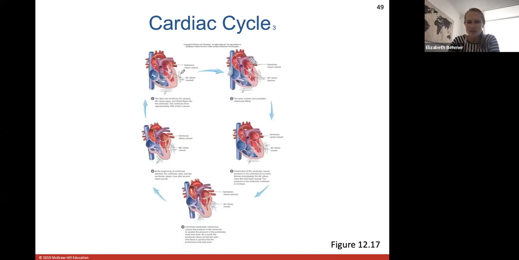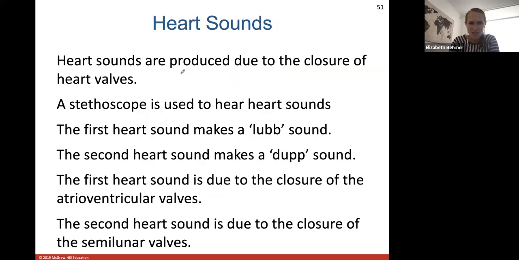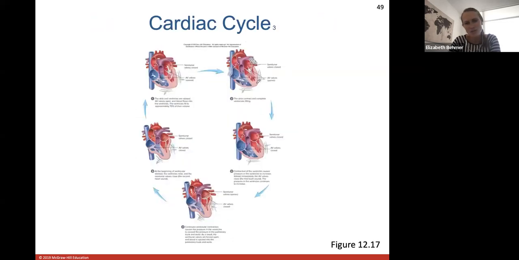And here are the different phases of the cardiac cycle. I wish I could zoom in even more, but if we start here with number 1, if you zoom in on the PowerPoint, you can see how the atria and ventricles are all relaxed in this first phase of the cardiac cycle. What's occurring during this is you see the white arrows refer to the direction of blood.